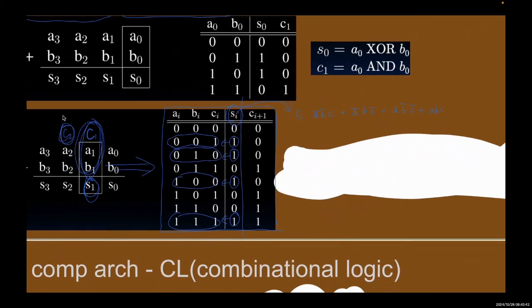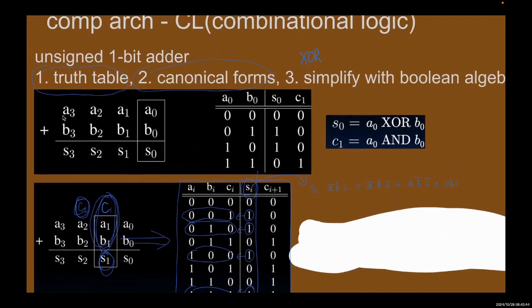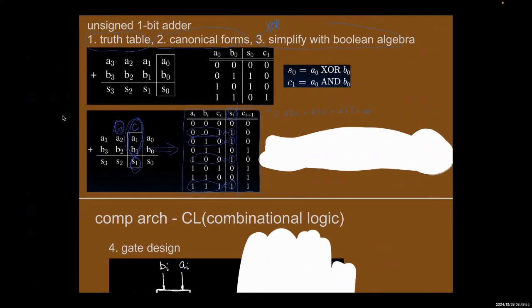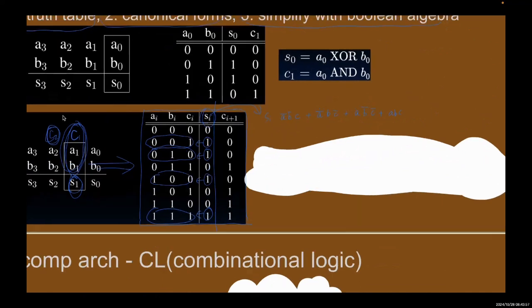The next step is to simplify it with Boolean algebra. This is actually A XOR B XOR C, more like a formula.